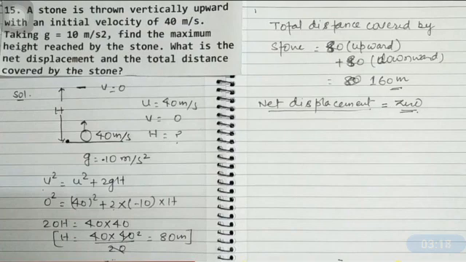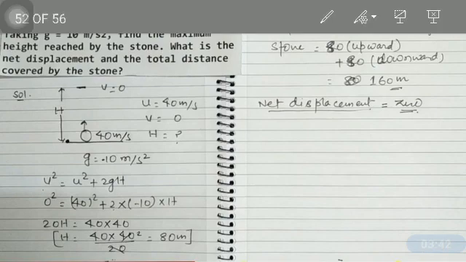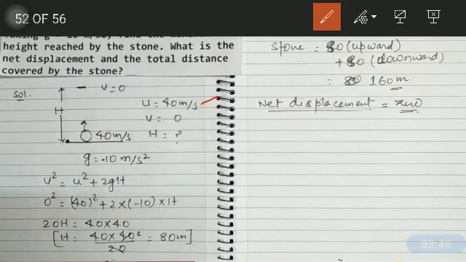Next question is, a stone is thrown vertically upwards with an initial velocity of 40 meter per second, taking g, acceleration due to gravity, equals to 10 meter per second square. Find the maximum height reached by the stone. What is the net displacement and the total distance covered by the stone? So here the stone is thrown upwards with an initial velocity of 40 meter per second.